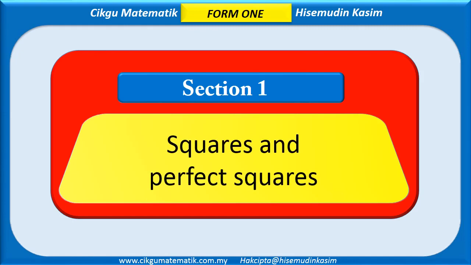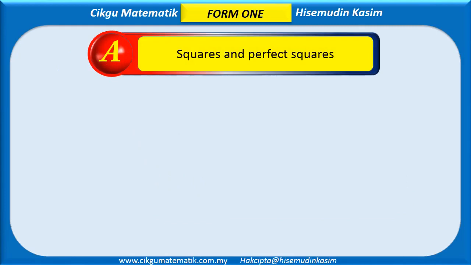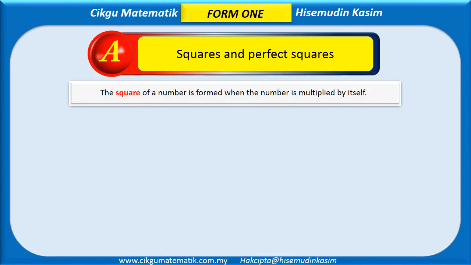Section 1 Square and Perfect Square. A. Squares and perfect square. The square of a number is formed when the number is multiplied by itself.